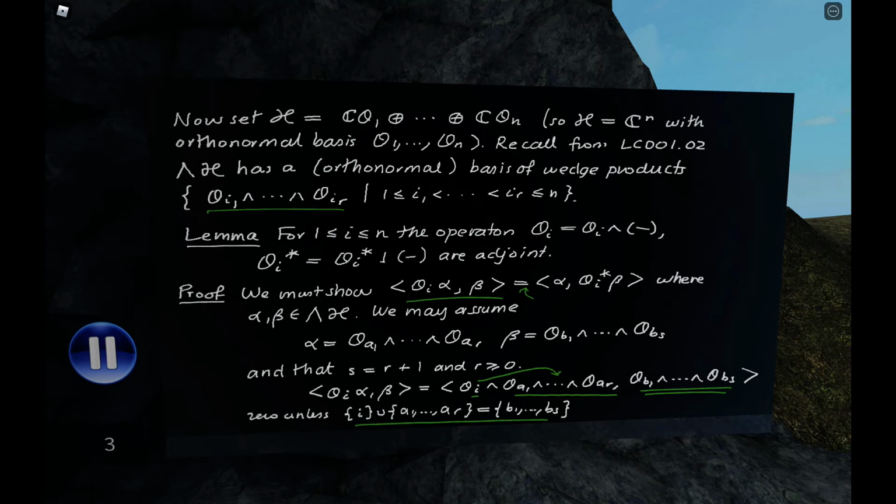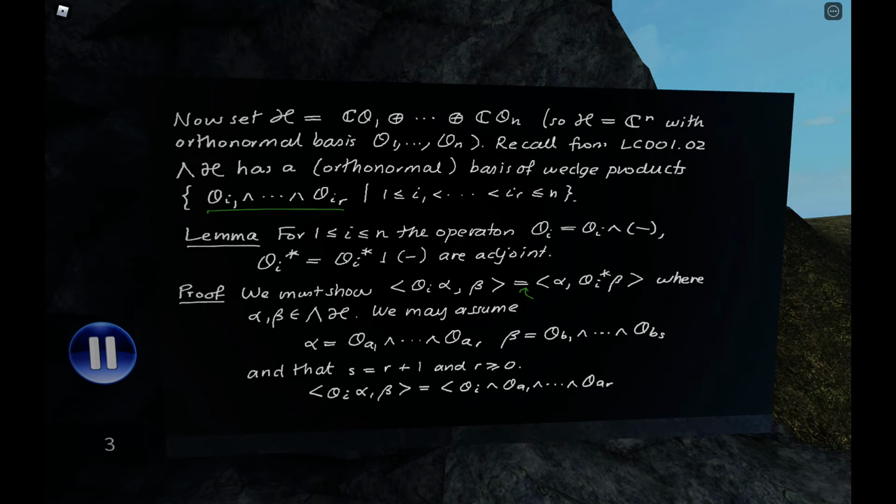Alright, kind of run out of room here, so I'll just make a little bit of room and compute the right hand side. Well, again, that's 0 unless i is in this set of indices.